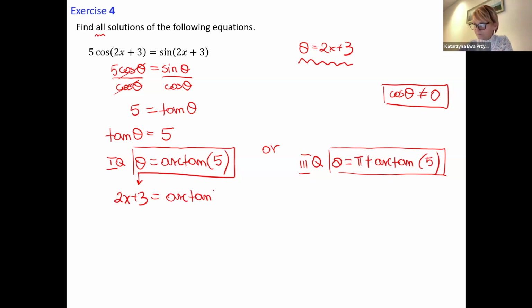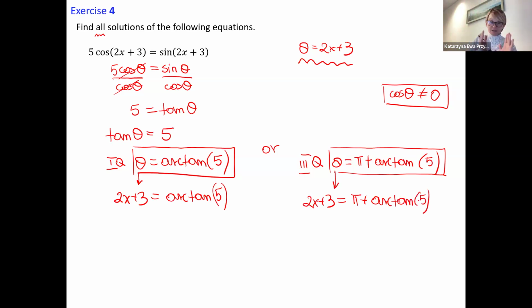Oh, one thing. We have to include all of the solutions. What is missing? Let me do this. 2x plus 3 equals pi plus arc tangent of 5.